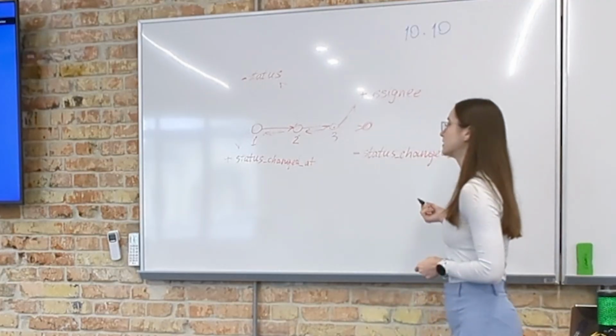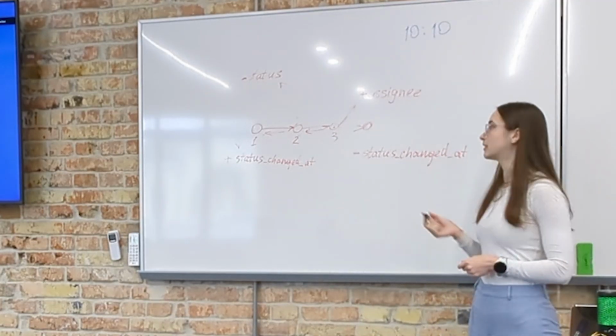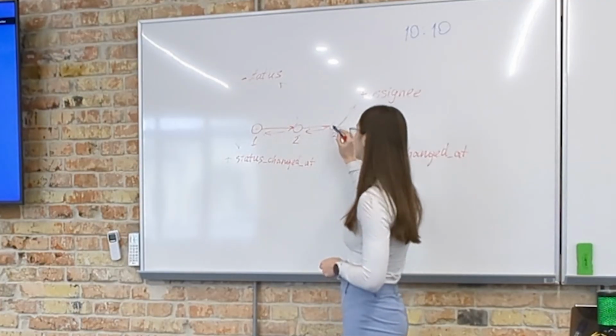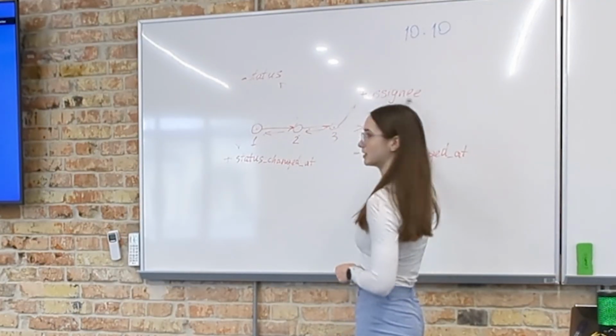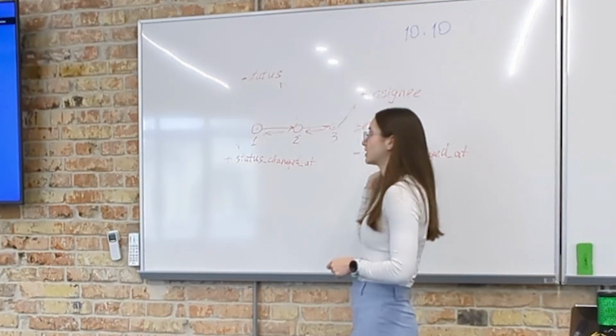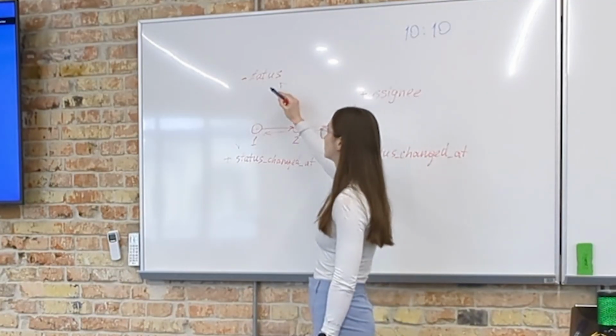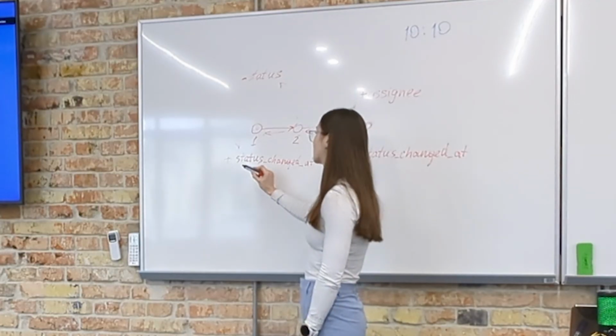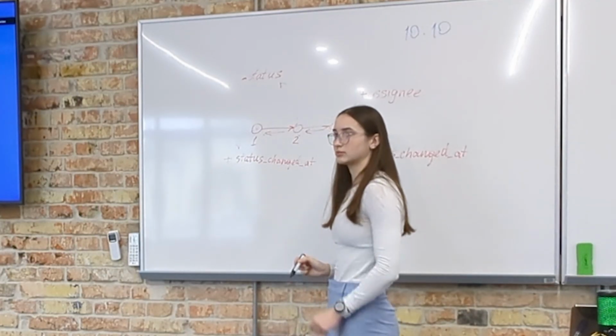Because it's just easier to manage than going back to the first state, because you have to remove assignee again. It will just drop the data from your database. Then you have to add status because you removed that. And then you can only work with version 1.